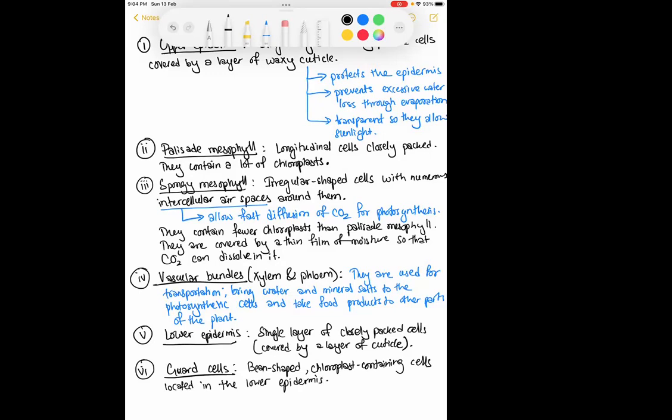Now, what do they do? What are the functions? They basically control the opening and closing of the stoma.